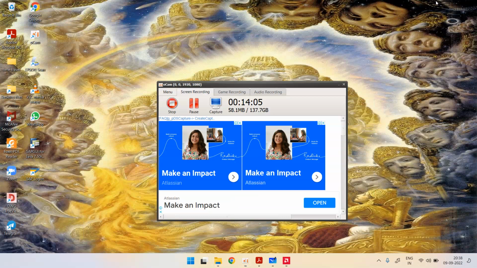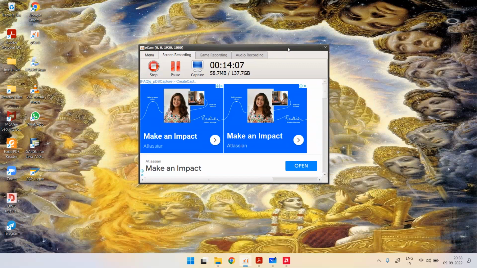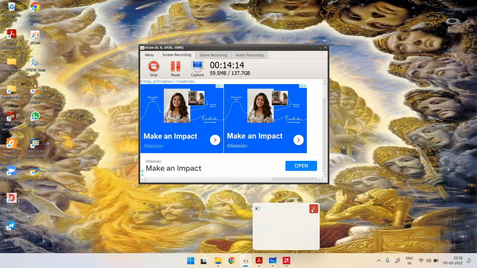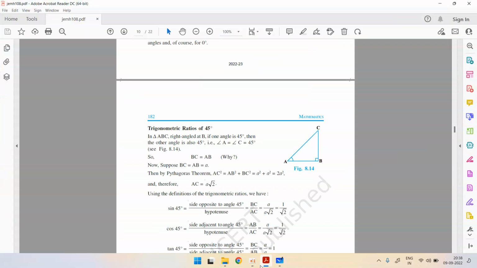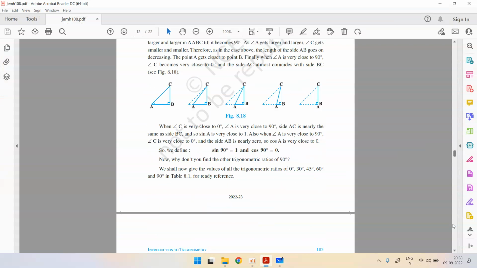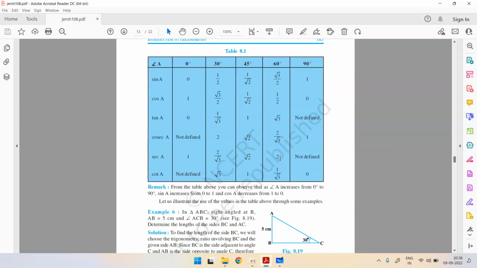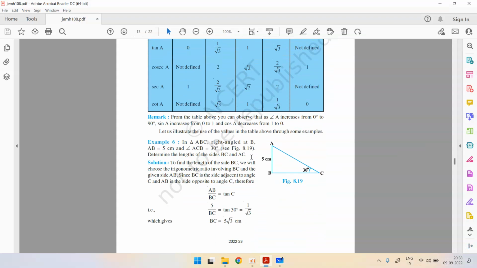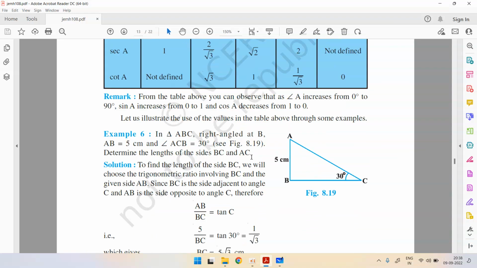Yes, this was a table I have already shown you. So directly jump to example number 6. What does it say?